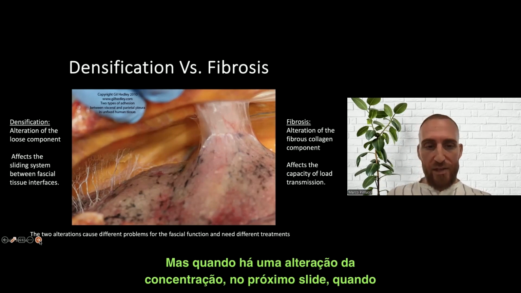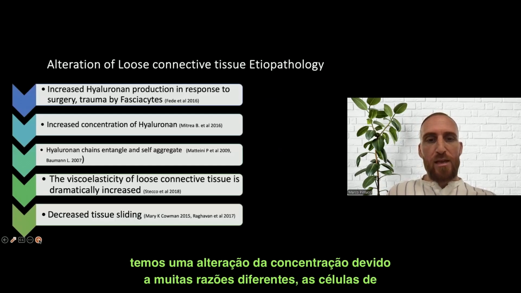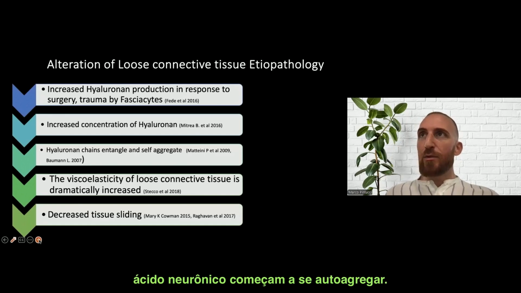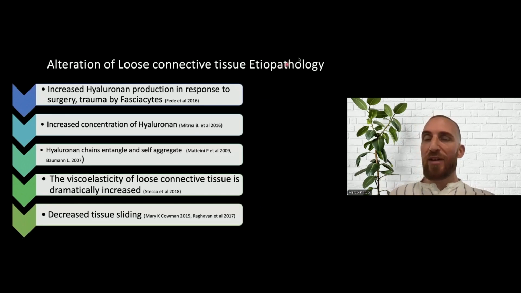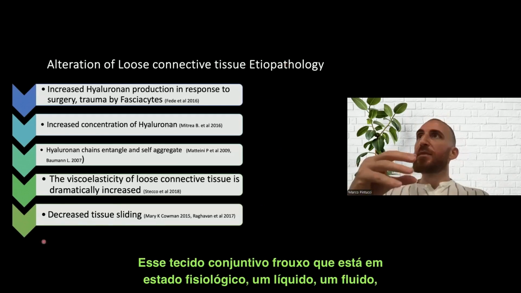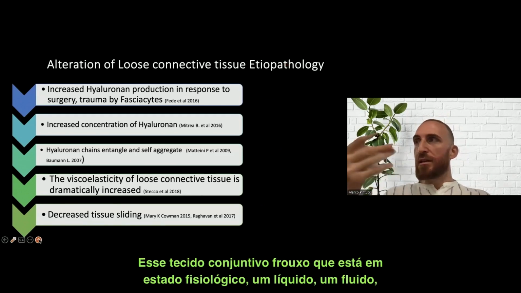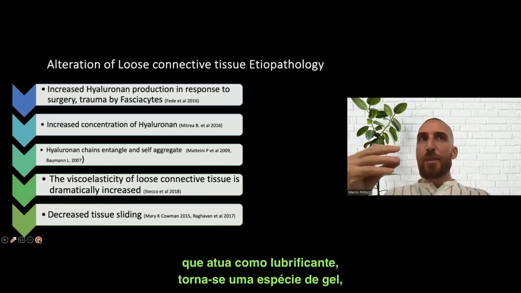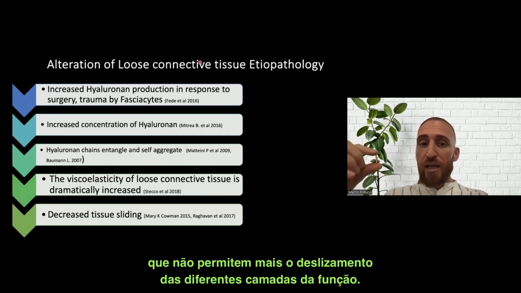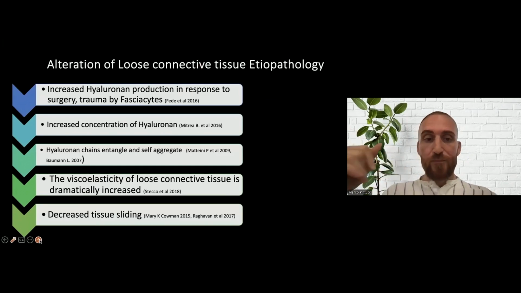But when there is an alteration of concentration, for many different reasons, the hyaluronic acid cells start to self-aggregate, and this increases the viscosity. What does it mean? That this loose connective tissue, which in its physiological state is a fluid that acts as a lubricant, becomes a sort of gel, which no longer allows the gliding of the different layers of the fascia.